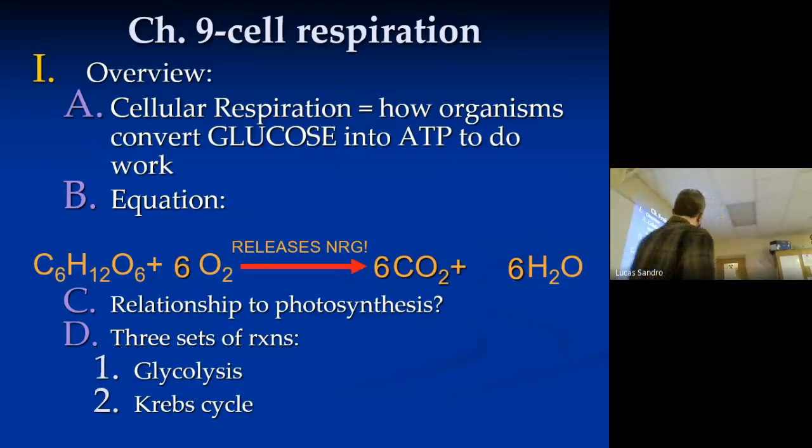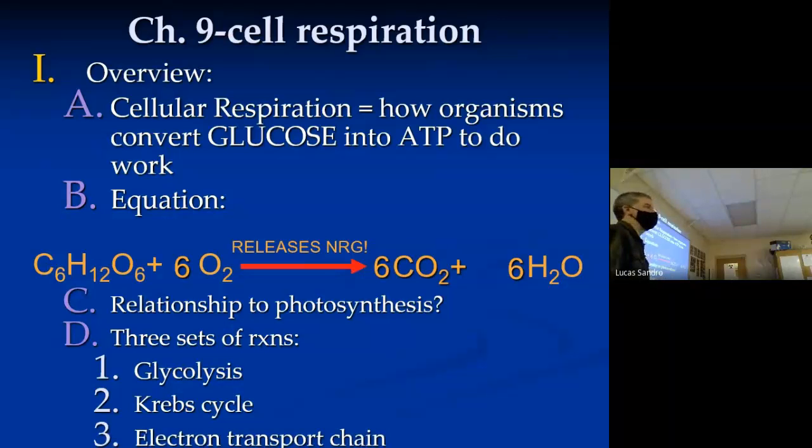You get a little bit of ATP from each of these 2 steps, and then the third step, you've been making little babysitter molecules in these 2 steps that you send through what's called the electron transport chain. And that's where you get most of your ATP.